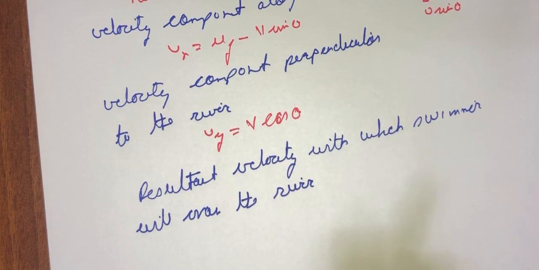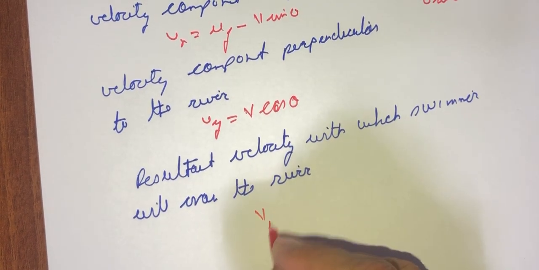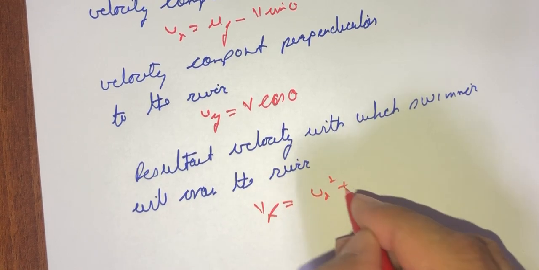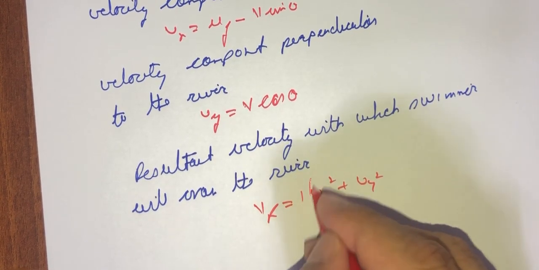We can write this VR. This will be equal to the square root of Vx square plus Vy square.